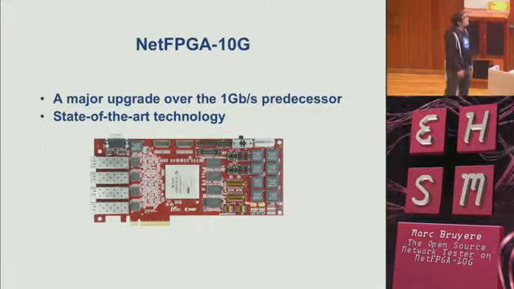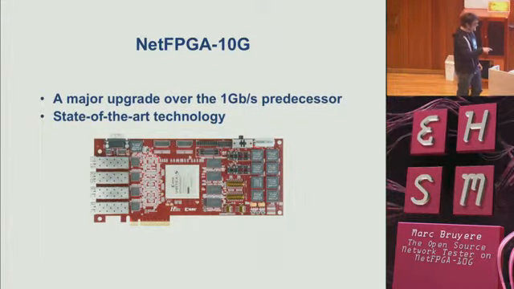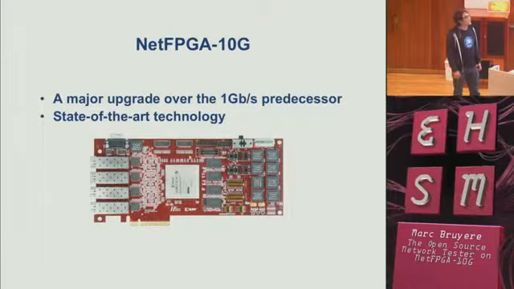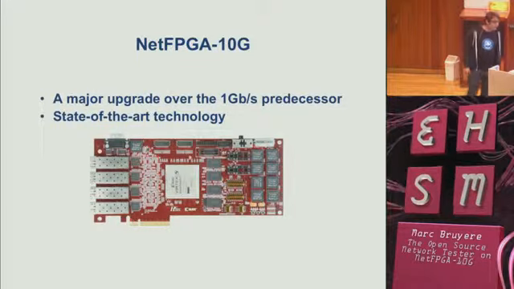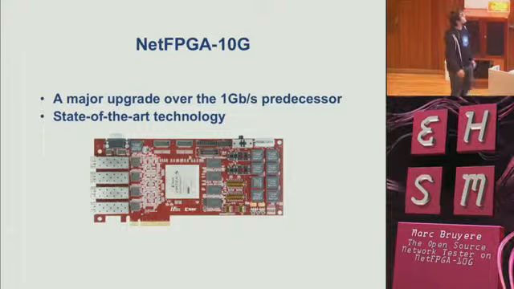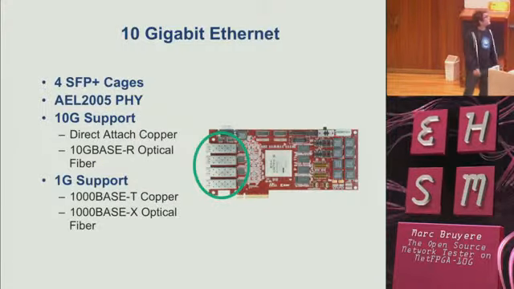After the 1 gig version, the 10 gig was designed to follow the performances we get on Ethernet switches today. It's 4 10 gig, and it was state-of-the-art technology at that time. It was designed a few years ago already.